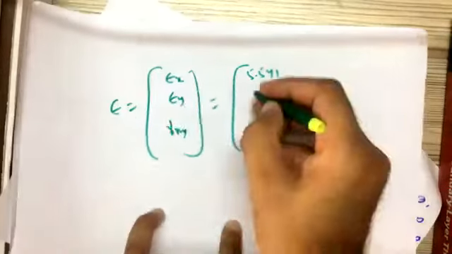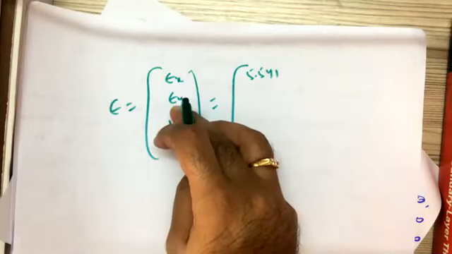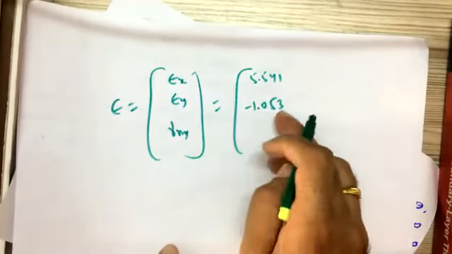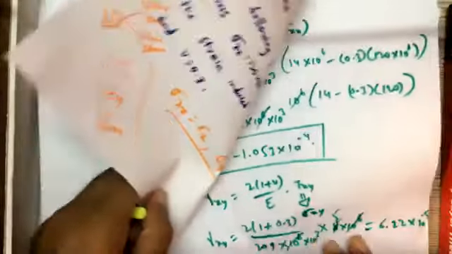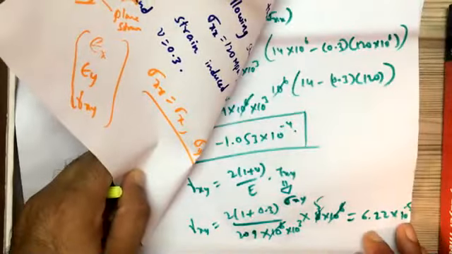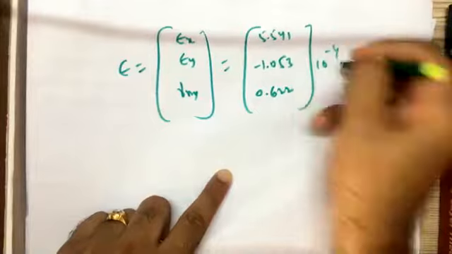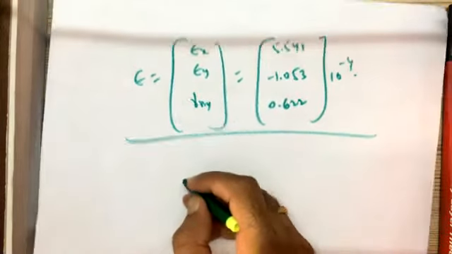Epsilon y is minus 1.053. I'm keeping 10 to the power of minus 4 common. Next, gamma xy is 6.22 into 10 to the power of minus 5. If I multiply and divide it by 10, it becomes 0.622 into 10 to the power of minus 4. So this is your strain matrix which we were asked to find.